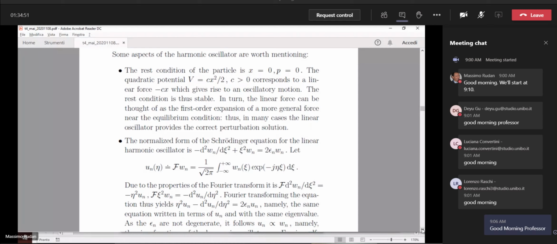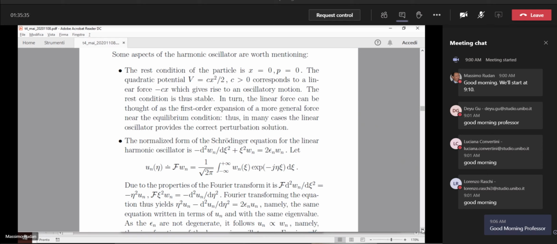This happens if you take the classical expression of the total energy and set x equal to 0 and p equal to 0. So this is the case in the classical situation in which the particle is not moving, so the momentum is 0, and its position is in the minimum, so it is the stable situation or the equilibrium situation in the classical case of the linear harmonic oscillator. Okay.